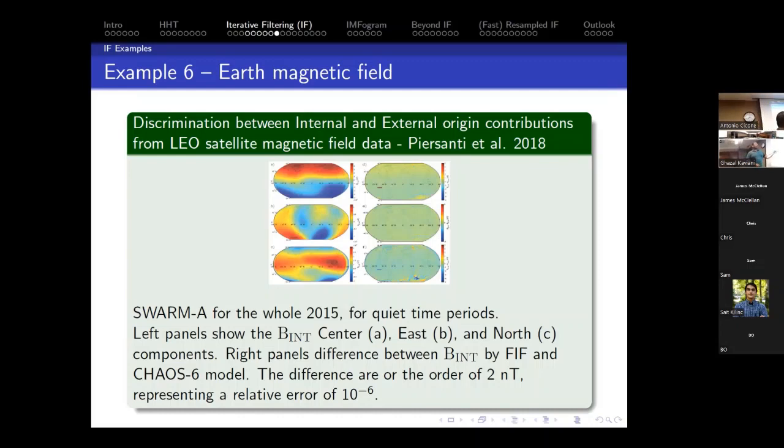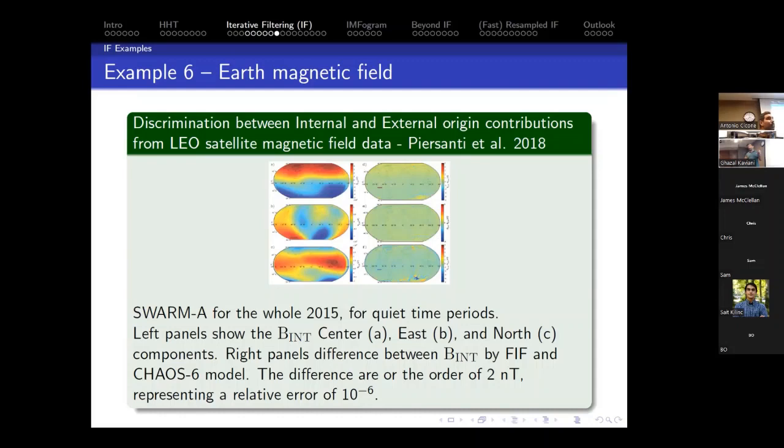So what we did is we decomposed that signal into IMFs, and then we studied them statistically, and we discovered that there was a quite big difference between the low frequency IMFs and high frequency IMFs. So we split them into two groups.